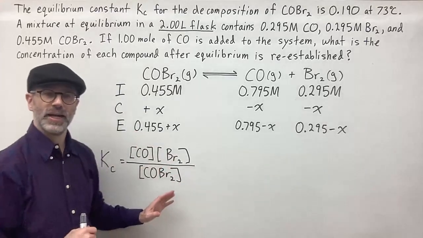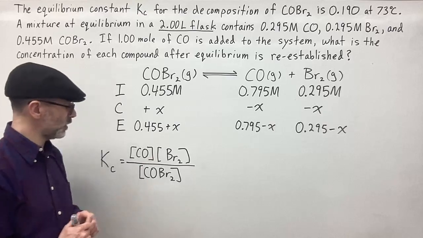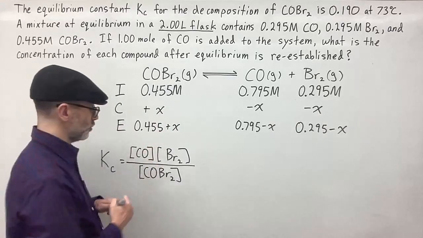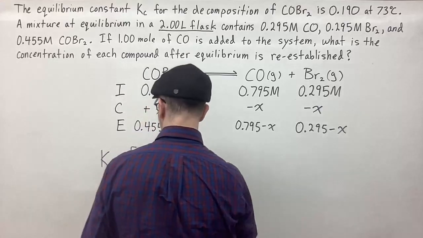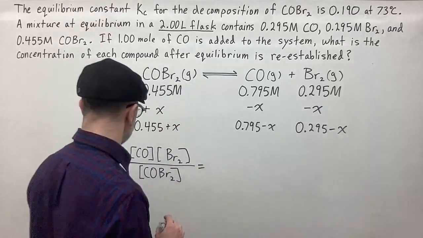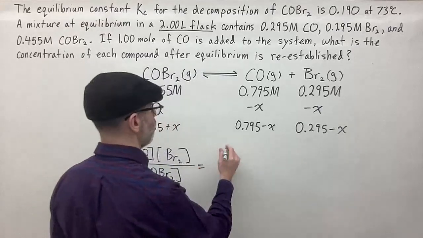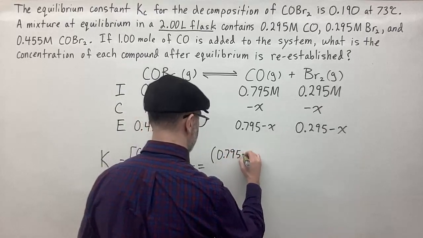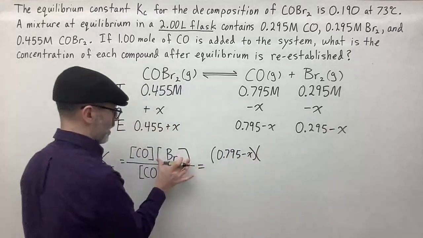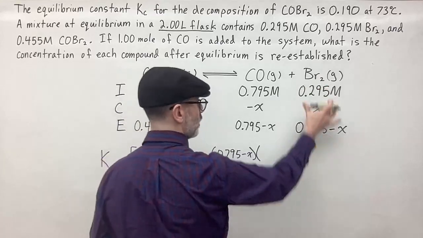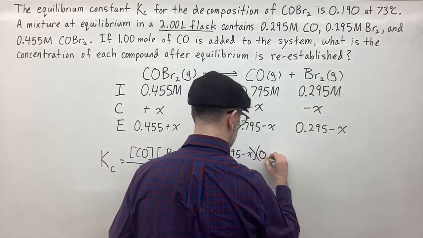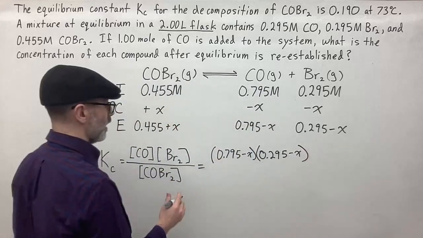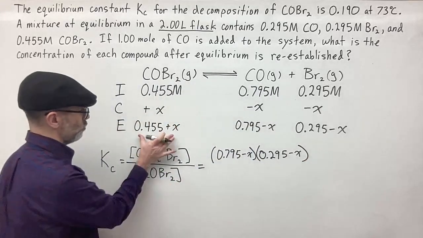And so here I have my equilibrium constant expression, and so now I can plug in the equilibrium concentrations in terms of x. So we have products over reactants, so we're going to have 0.795 minus x multiplied by the Br2 concentration, which is that one here, so that's going to be 0.295 minus x, and then divided by the concentration of COBr2, which is this right here.